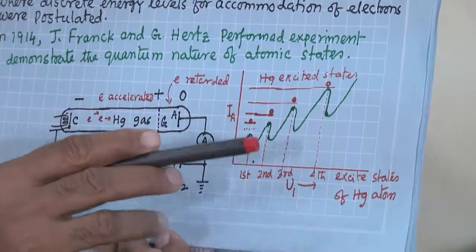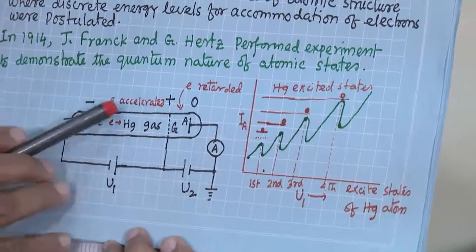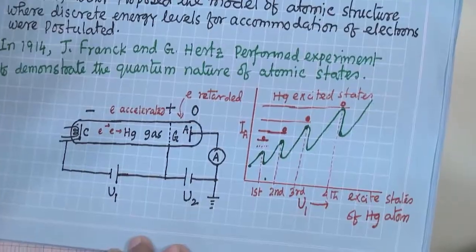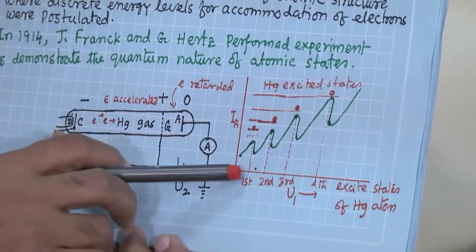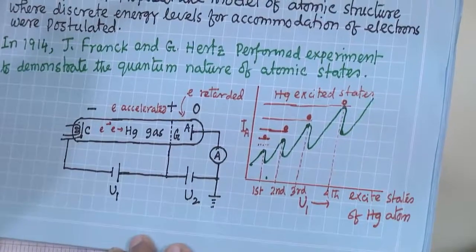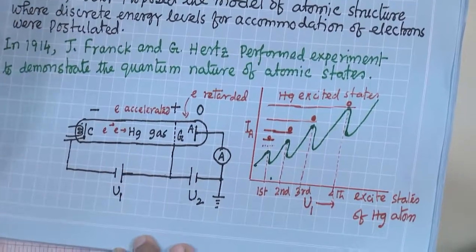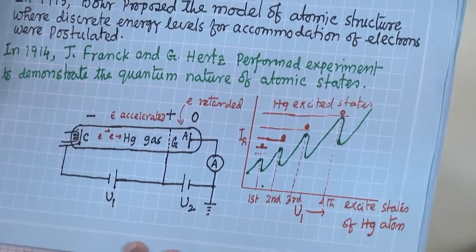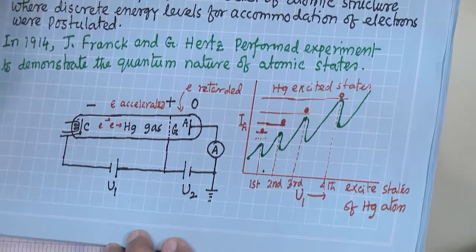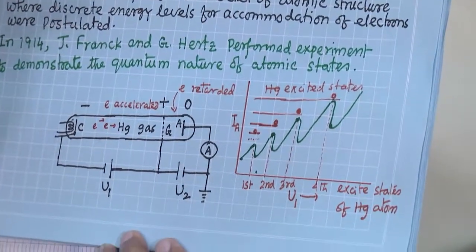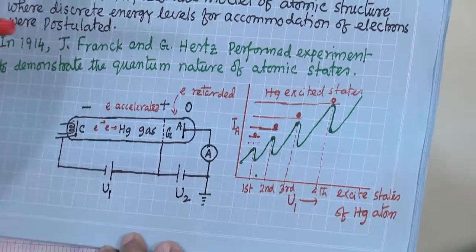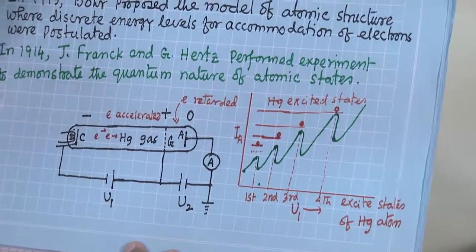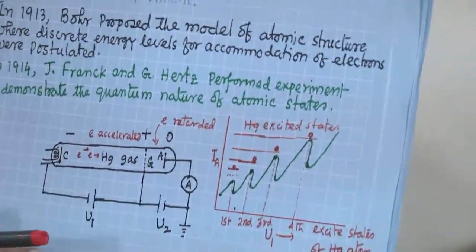This may happen if the mercury atoms have discrete energy levels. When the energy of the electrons is equal to the energy difference of the energy levels of the mercury atom, that energy will be absorbed by the atom, and the electron will jump from the lower energy level to the higher energy level.